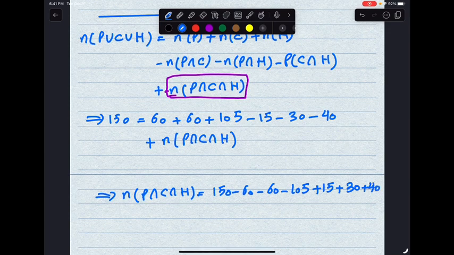Now if we use a calculator, the value will be 150 minus 60 minus 60 minus 105 plus 15 plus 30 plus 40. So the answer is 10. So 10 students enrolled in all the 3 courses.